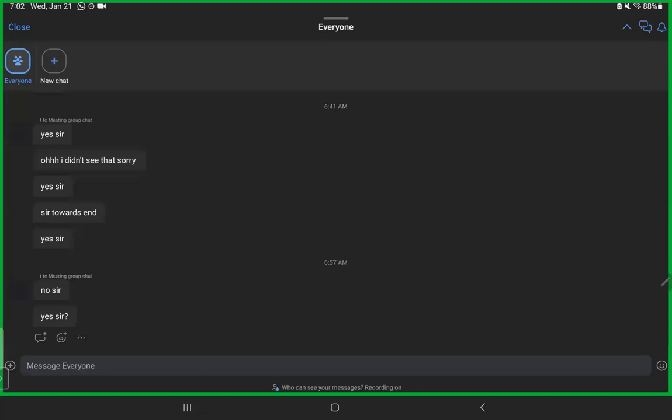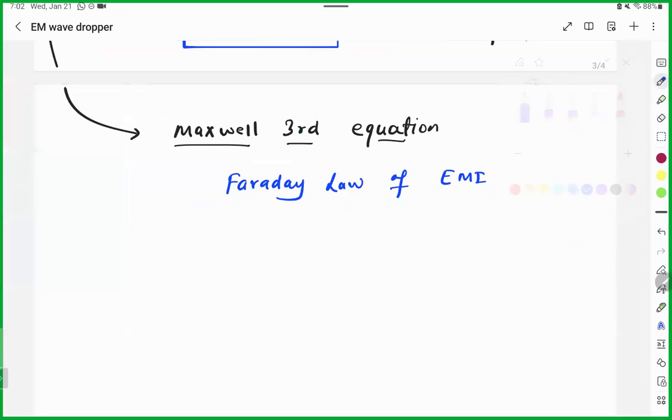Yes, sir. So if we see EMF, your EMF is equal to minus n d phi B by dt. So it means the rate of change of magnetic flux will be responsible for the induced current and EMF.